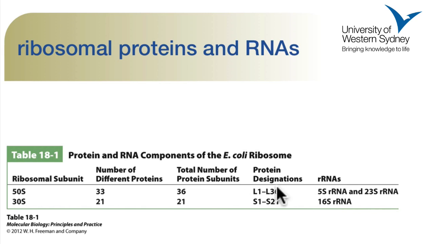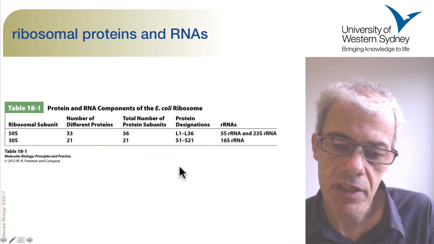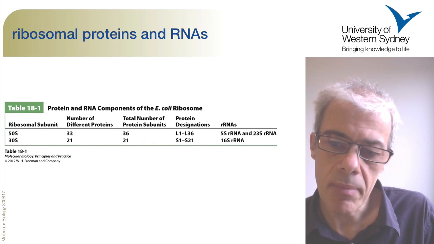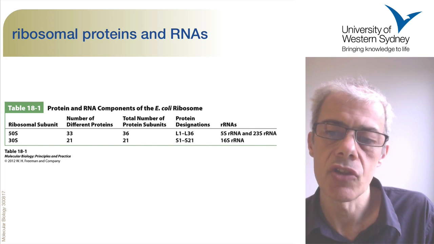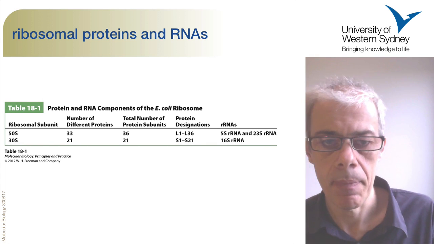And then within this larger 50S subunit, there's also two large RNAs: the 5S RNA and the 23S RNA. So effectively, we have three RNA species in this process: the messenger RNA, the transfer RNA, and the ribosomal RNA.